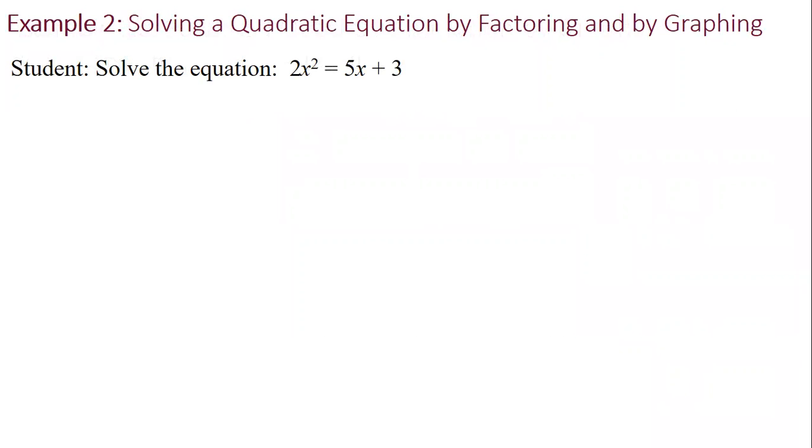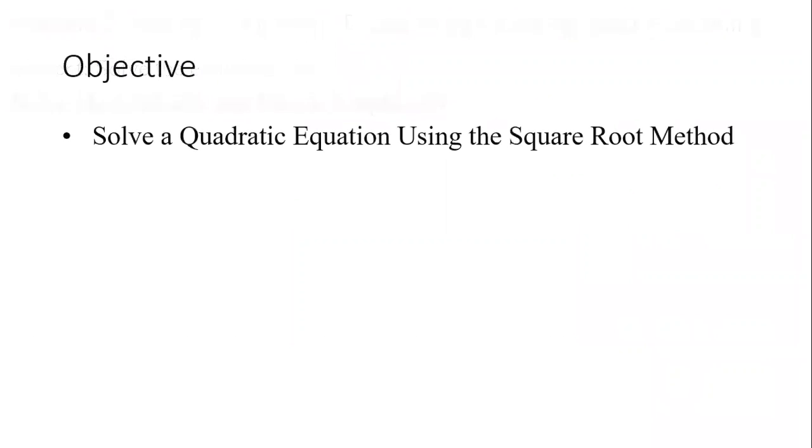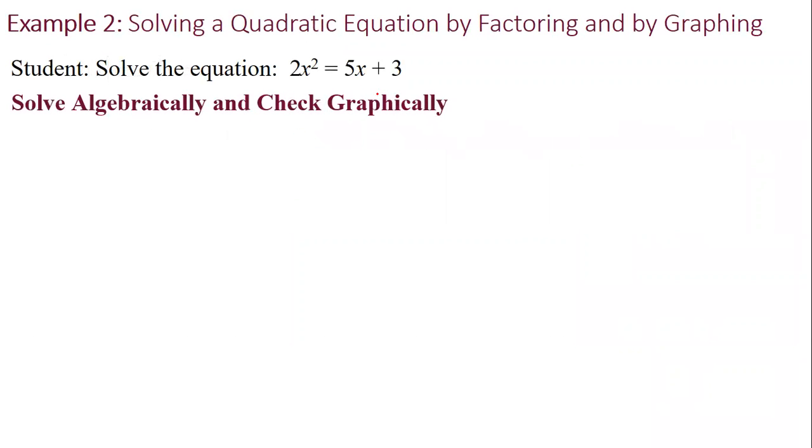All right, so we're going to set this up and then I'm going to have you factor. You're going to factor it using the factoring method, and then you're going to check yourself with the graphing, okay? So before I can do anything, I need to have all terms on one side and one side equal to 0, right? So what do we need to do? Oh, sorry. So we're going to subtract.